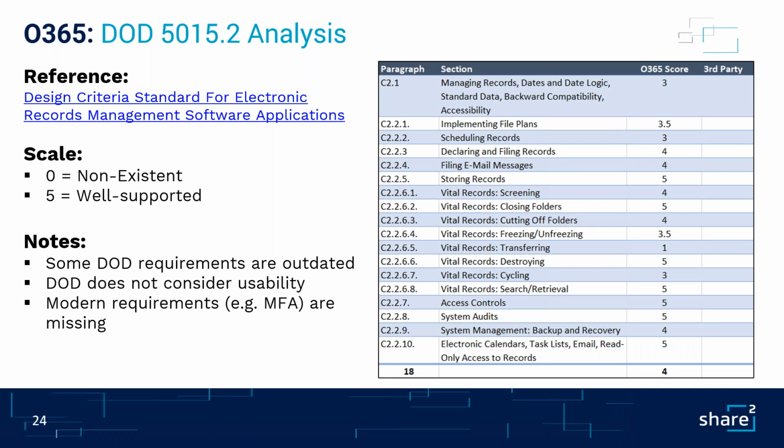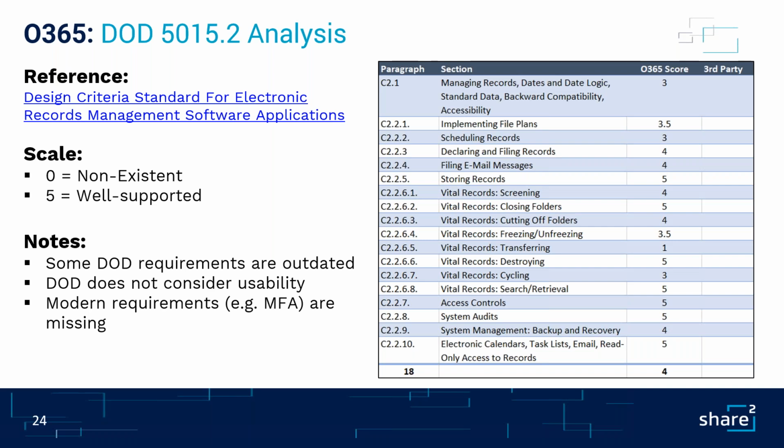There are some exhaustive records management requirements that would probably be great for a records manager, but probably not great for an end user who's putting the content into the system. So we tried to weigh in on that a little bit. And then there are some modern requirements that are missing. Multi-factor authentication is just an example, but there's a whole bunch of them, because the spec predates a lot of that technology. So we came up with a score for fun.